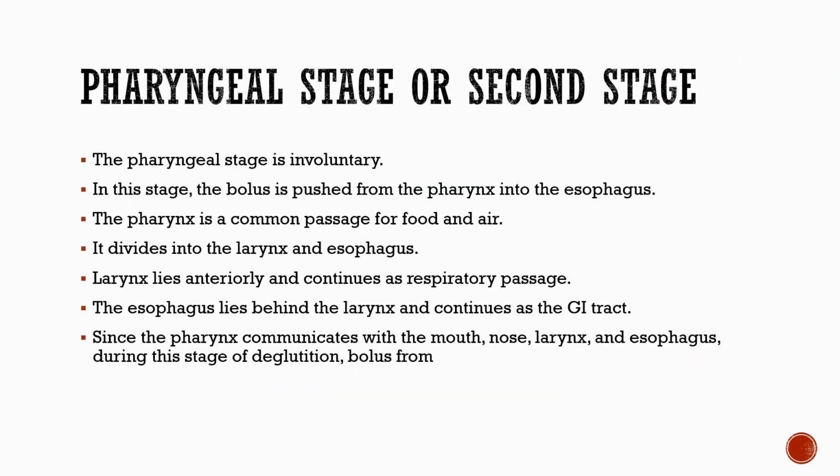That's how it works. The pharyngeal stage, or the second stage, is involuntary. Your wish is not involved in this. You are not conscious of it, and it happens unconsciously, because it's a natural process.